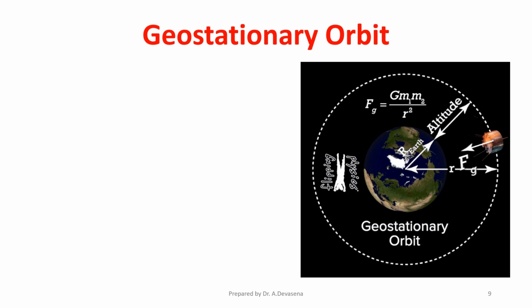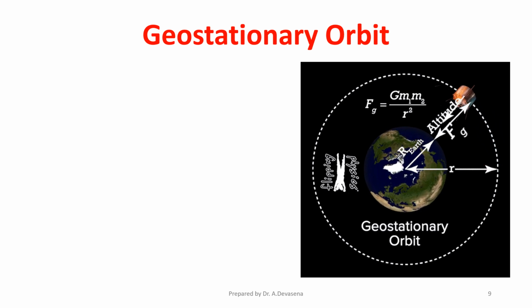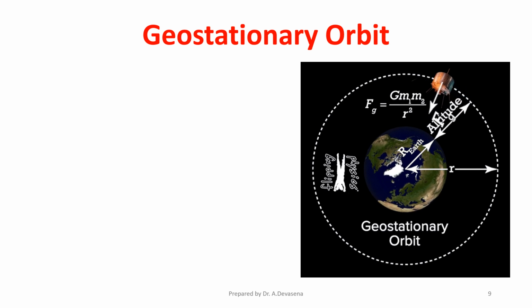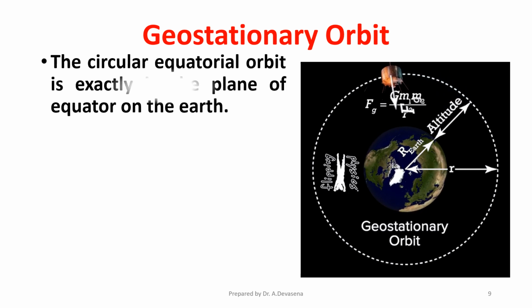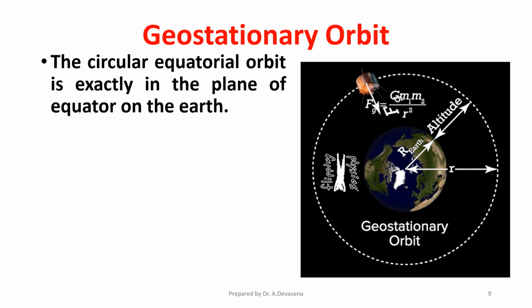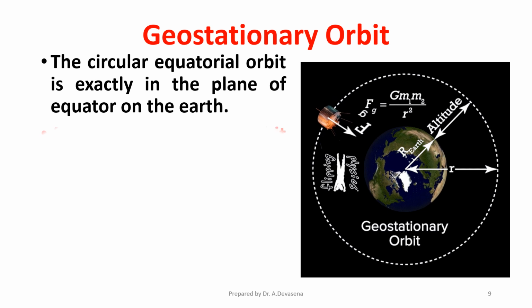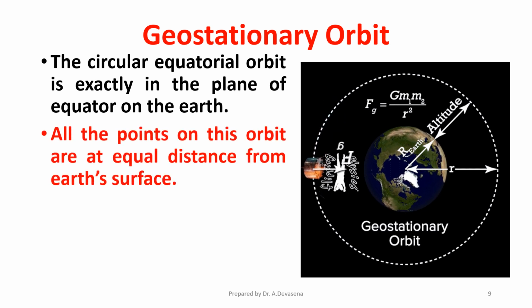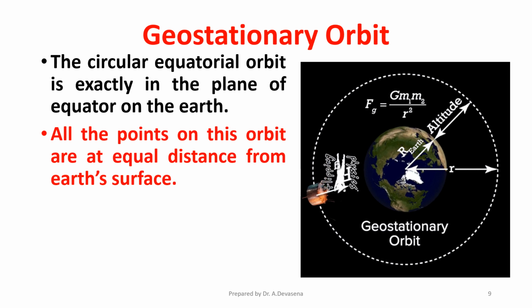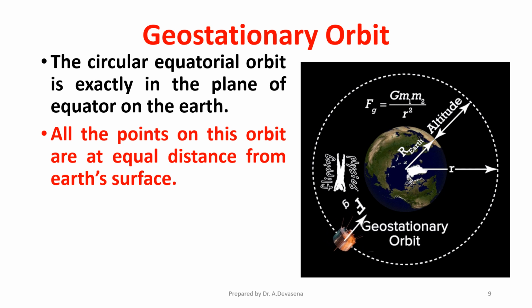Geostationary orbit. The circular equatorial orbit is exactly in the plane of the equator on the Earth. All the points on this orbit are at equal distance from the Earth's surface. The satellites rotating on this orbit are most used for communication purposes.